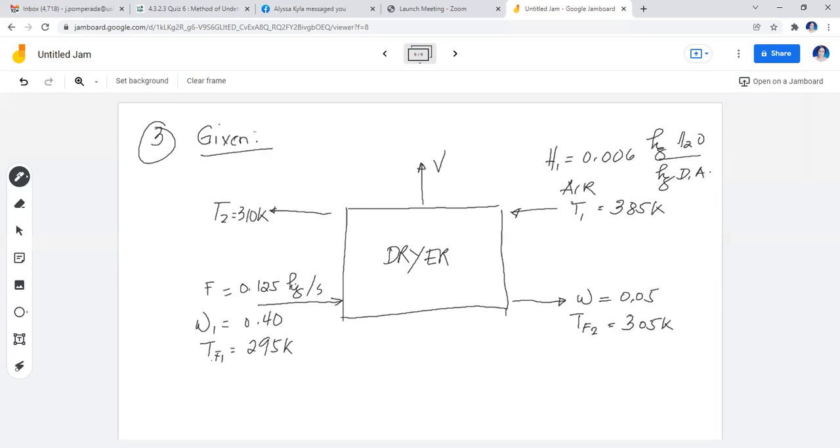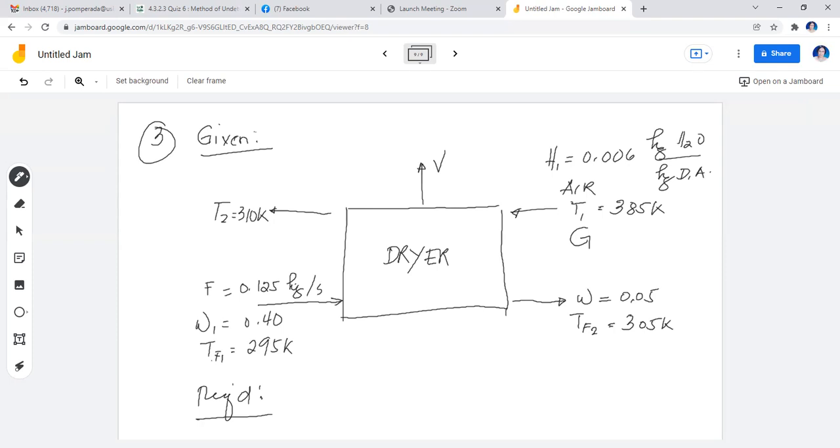Now, based on what the problem requires, it's asking for the mass of dry air. If you're going to look into other books on drying, other than the one by John Pupley, and even in McCabe, mass of dry air is represented as G. This is the mass of dry air, which we do not know.